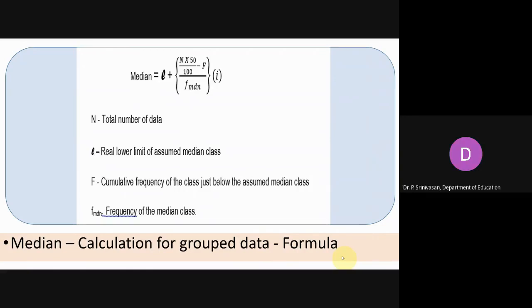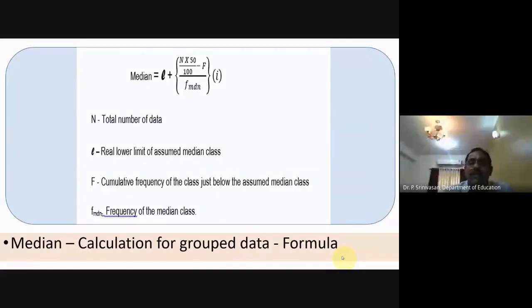Correct. N into 50 by 100: leave alone N, and you have 50 divided by 100. 50 by 100 is 1 by 2, half, or in short, N by 2.